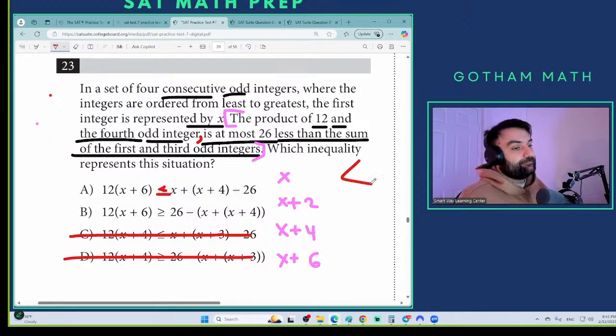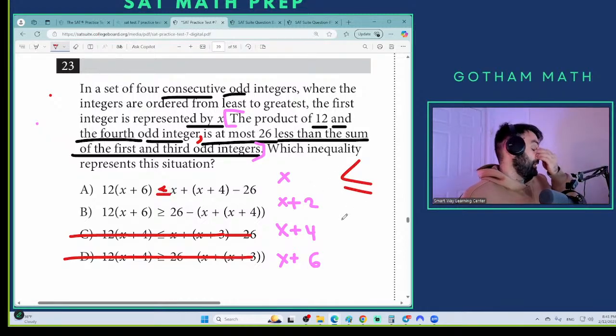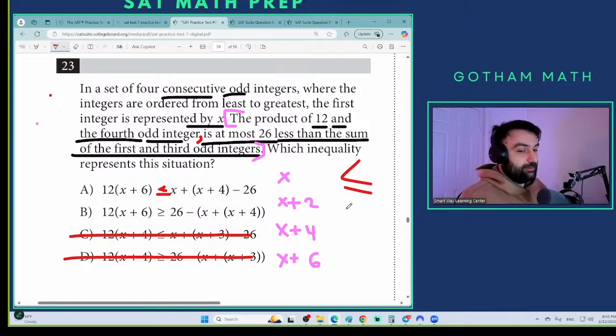If I have at most $20 in my pocket, that means I have 20 or less. And this is what it is, less than or equal to. It's A. You don't have to deal with this part at all.